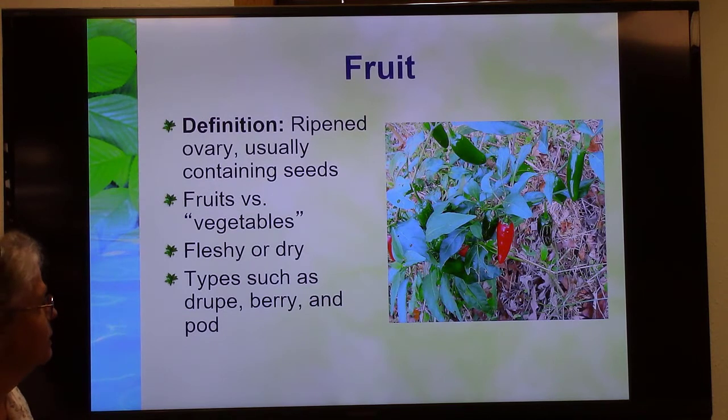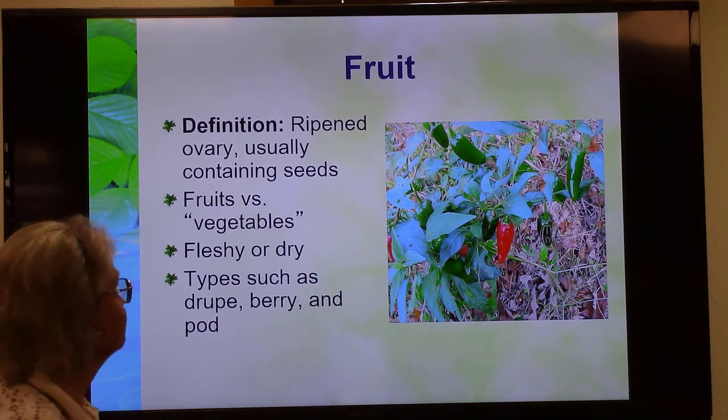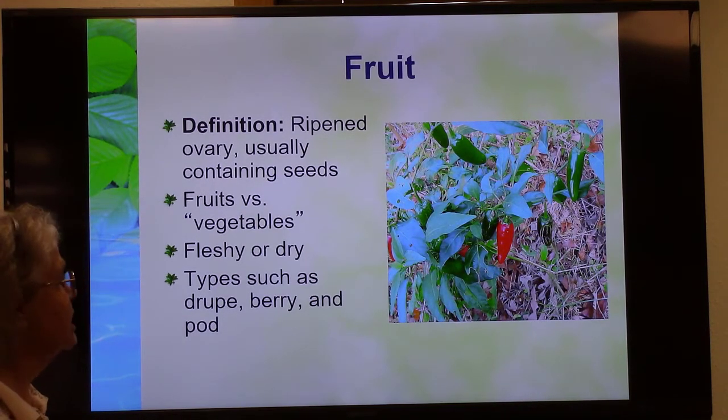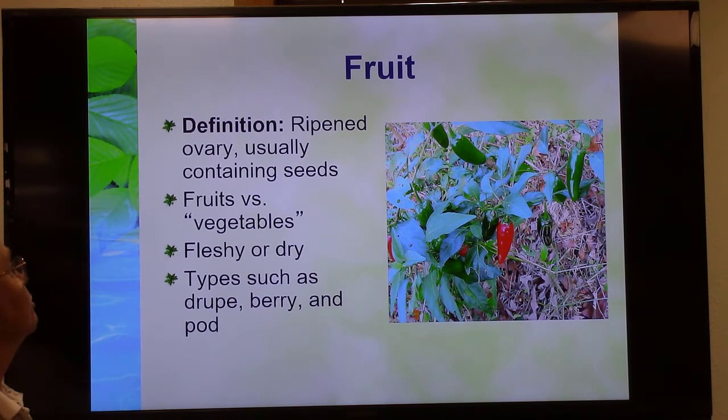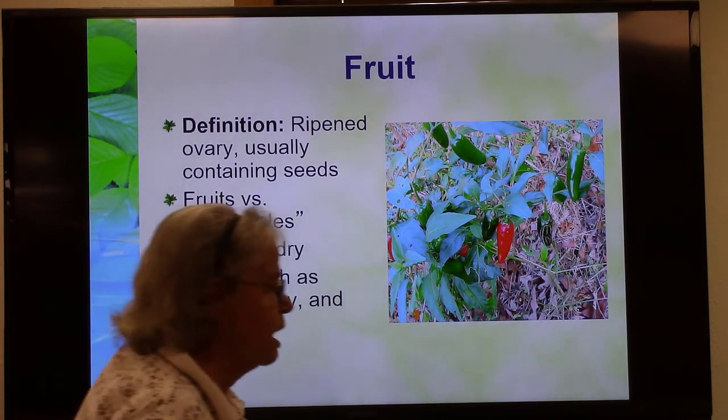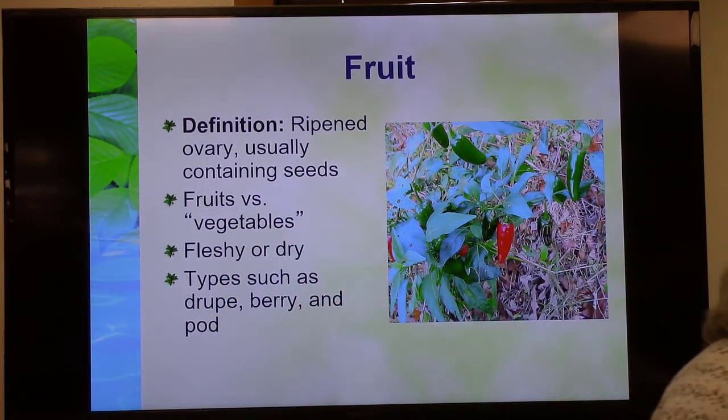All right. Now let's talk about fruit for a bit. Definition. Fruit is a ripened ovary containing seeds. Okay? Do not confuse the word fruit when you're speaking as a botanist with the word fruit when you're speaking about food.